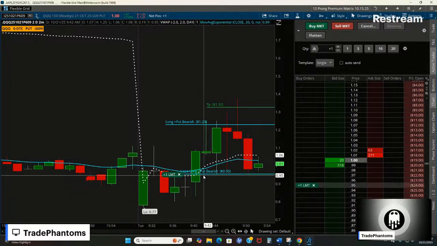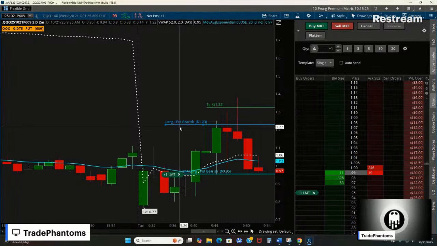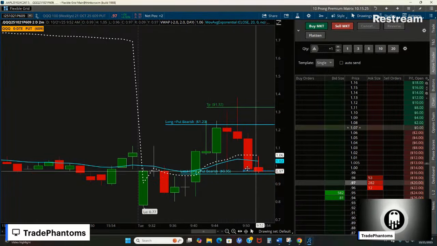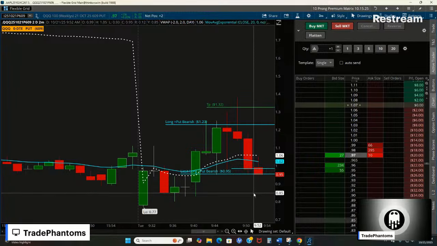All right, it's actually a VWAP tag already on it, so I snagged a little bit of some puts there. This is probably going to get filled right now. The limit. All right, there it goes. So I'll put the size on here now. All right, there we go.